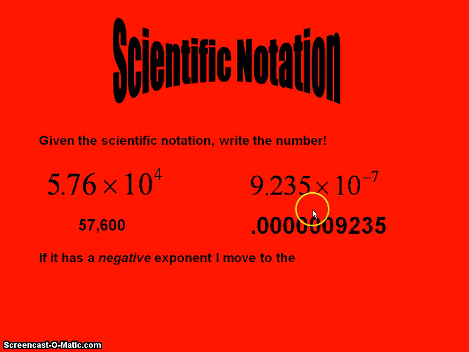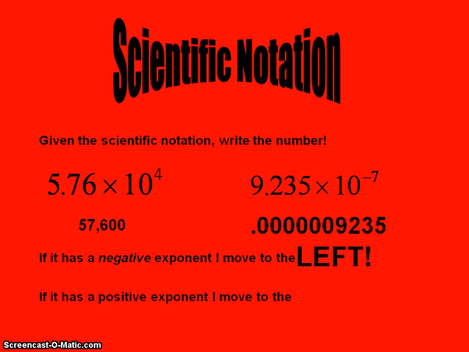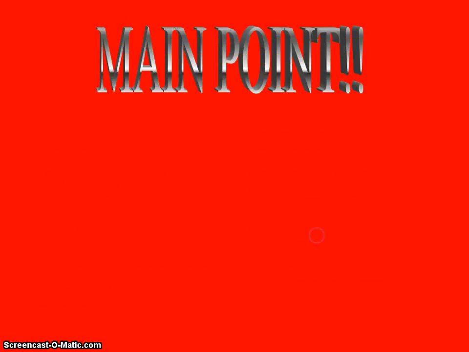All right, so if you have a negative exponent, you're going to move the decimal place to the left. If you have a positive exponent, you're going to move the decimal place to the right. So the main point is this.